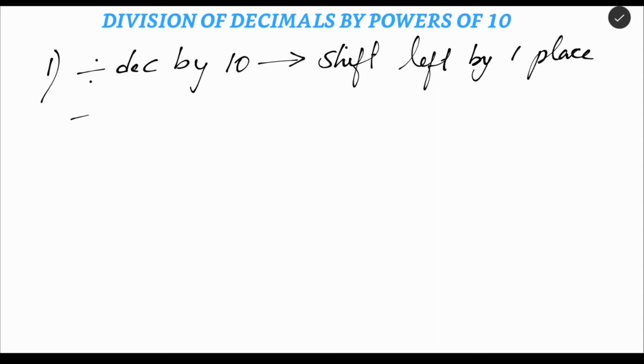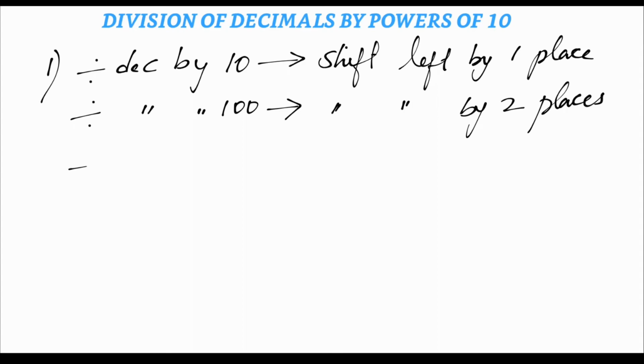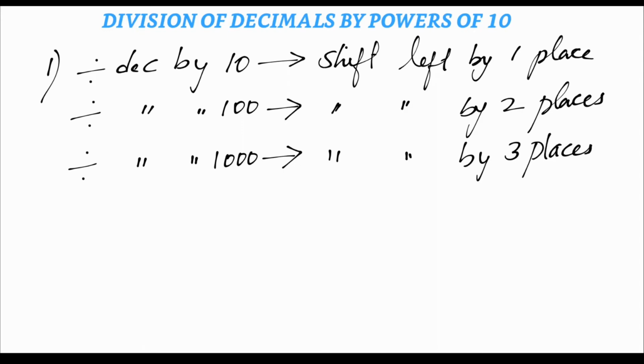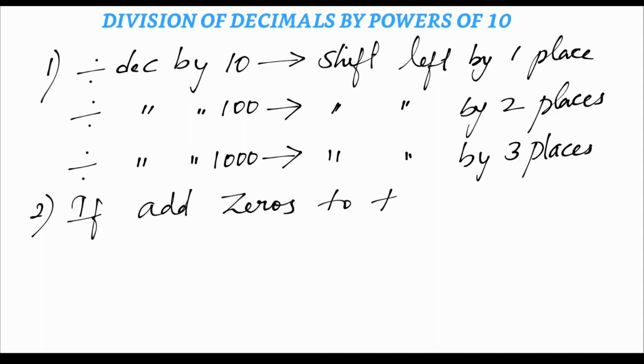Next, if you divide the decimal by 100, then you have to shift left by 2 places. If you divide a decimal by 1000, you have to shift left by 3 places. Clear? Next, if necessary, add zeros to the left.